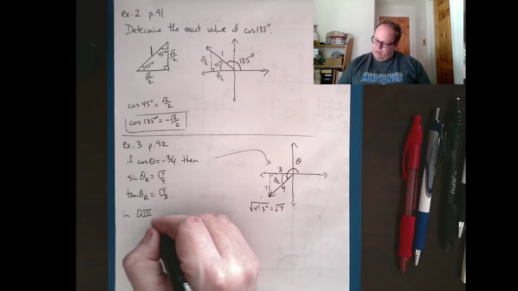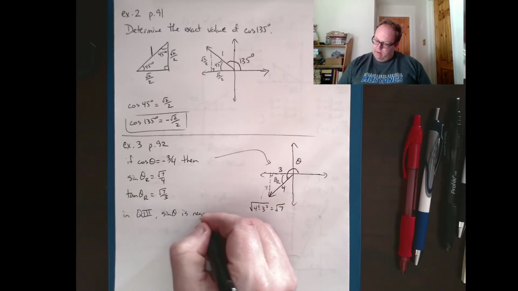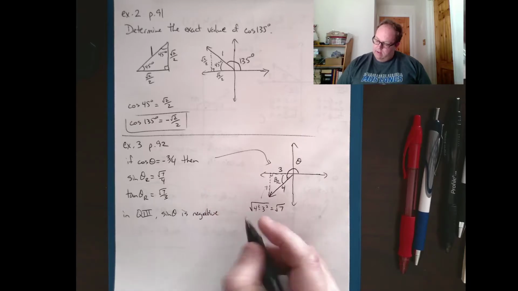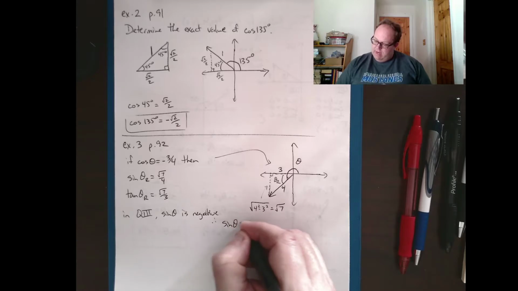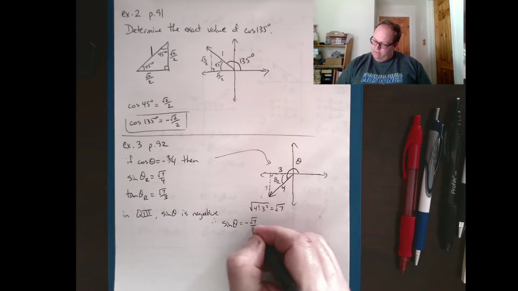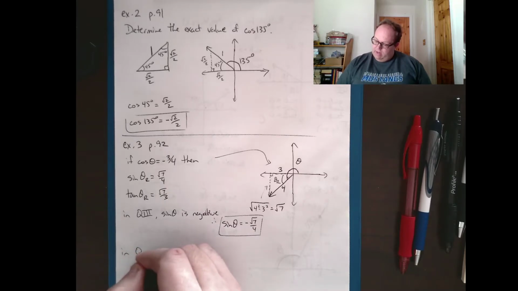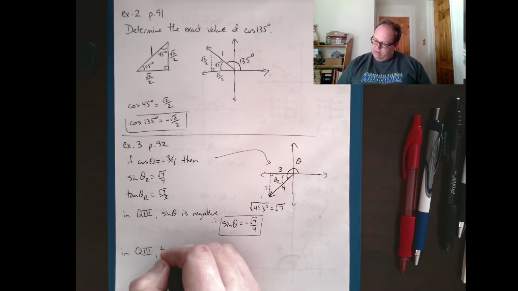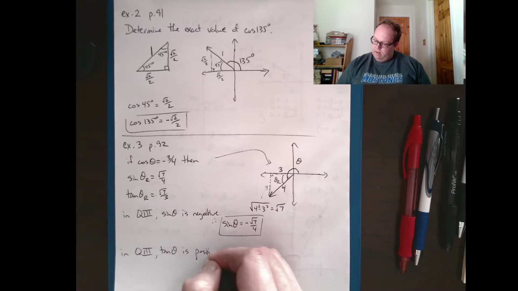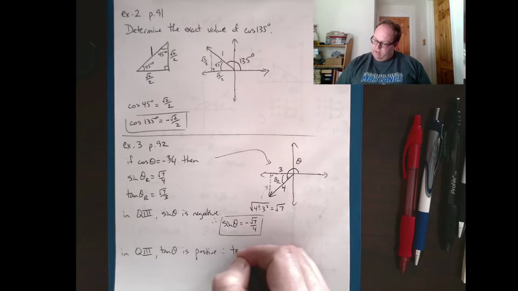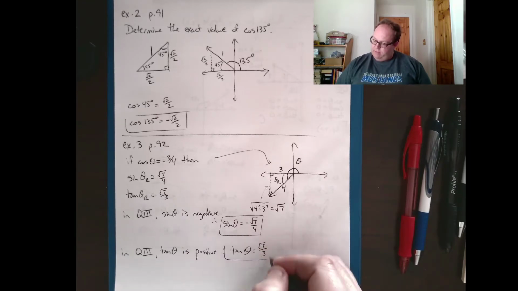In quadrant 3, sine theta is negative. Therefore, sine theta is negative root 7 over 4. And in quadrant 3, tangent is positive. Therefore, tan theta is the positive root 7 over 3.